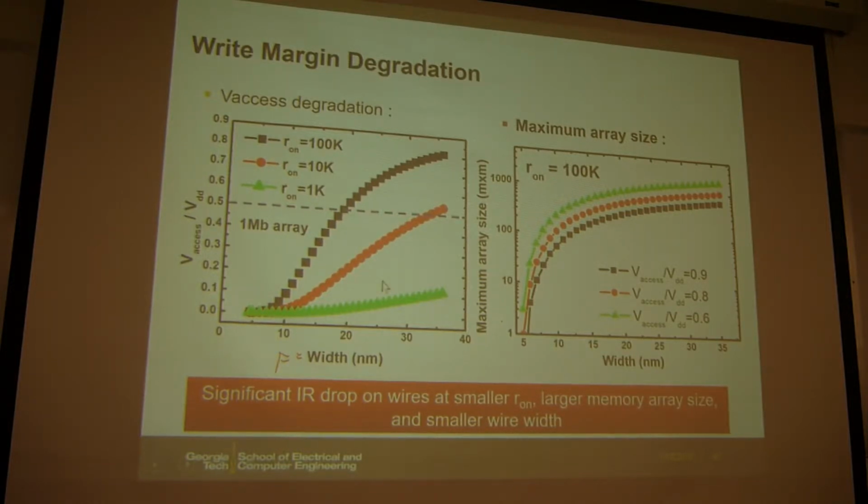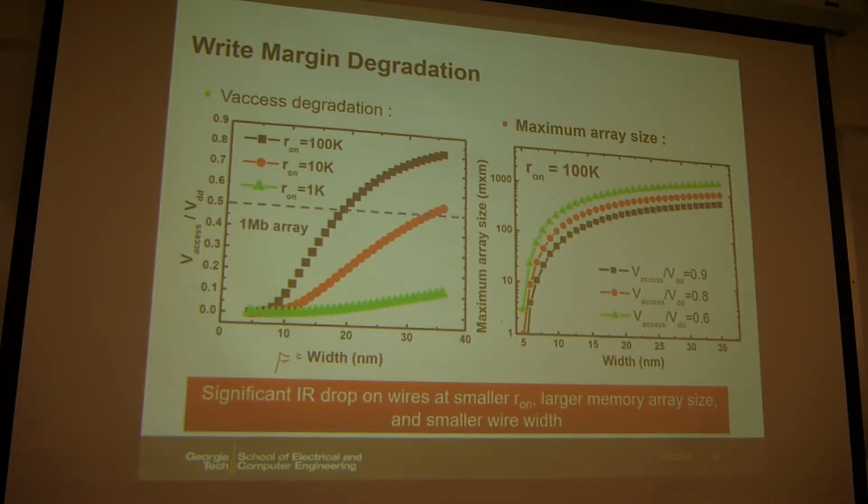So don't ignore the wire resistance. Even though when you calculate this number, for example in your homework, each segment may only give you 1 ohm, you are considering a large array, in this case a 1 megabit array, that means 1000 by 1000 cells. You have 1000 cells along the word line or along the bit line. Each segment gives you 1 ohm, so 1000 cells will give you 1 kilo ohm. That 1 kilo ohm is comparable with this memory cell on-state resistance of 1 kilo ohm.